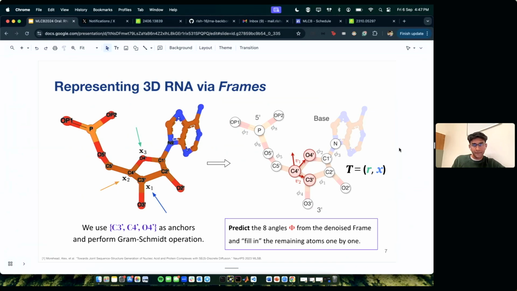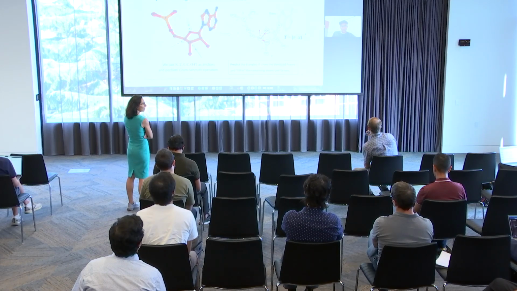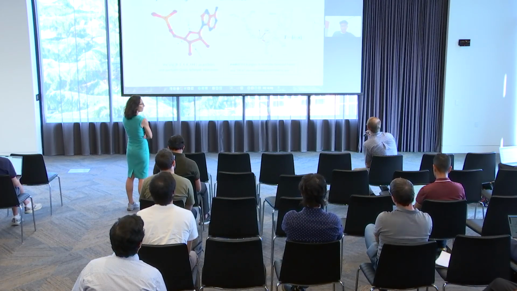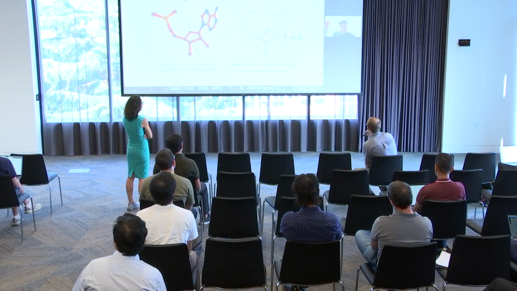Yeah, and then did you look at diffusing over those torsions as well? I don't know what the analogous word to diffusing is for flow matching, but did you try flowing over those torsions as well?